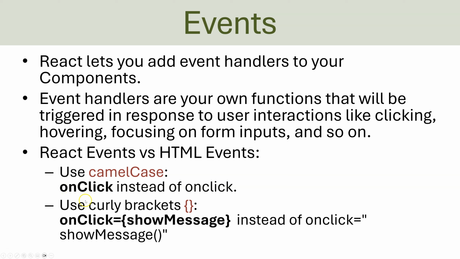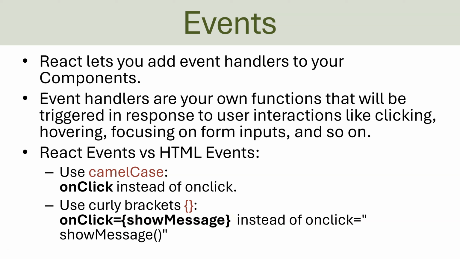You also need to use curly brackets like in this example, so you use onClick equal to the event handler like this. That's the name of the event handler and that's the name of the event. But in ordinary HTML events you use onclick equal to show message here without these curly brackets, and you need to use parentheses. But in React you use curly brackets and no parentheses like this.